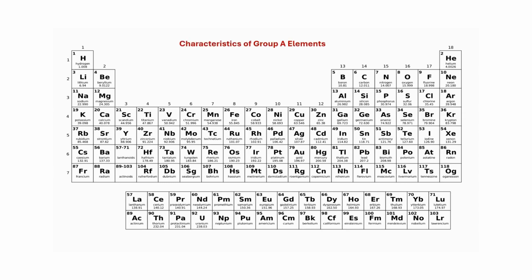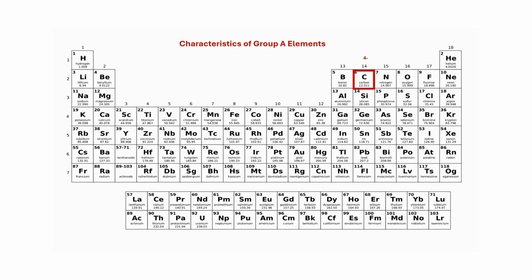Let's look at some of the characteristics of the group A elements. Group 1A, normally if they have any charge, it would be a positive 1 charge. Group 2A, positive 2 charge. Aluminum, positive 3 charge.